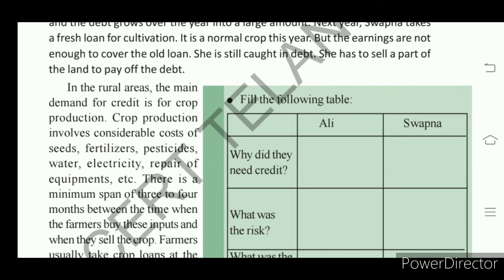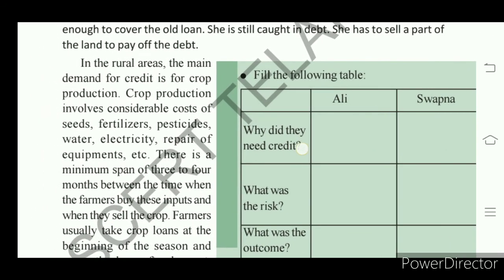In rural areas, the main demand for credit is for crop production. We see that many farmers in rural areas need credit. Why do rural people need credit? Because they produce crops. So for producing crops, there is a great demand for credit in rural areas.